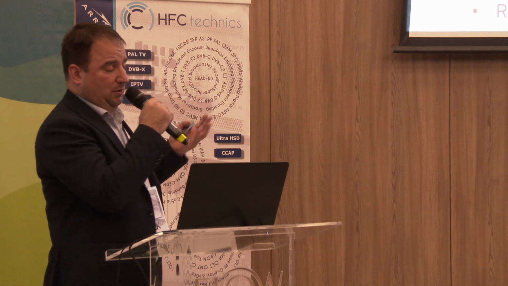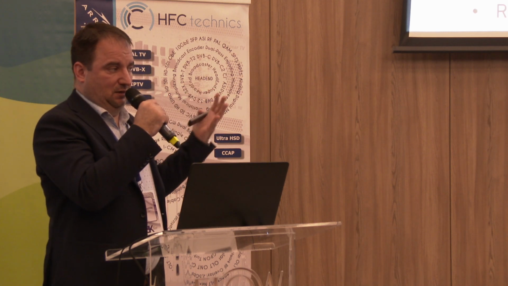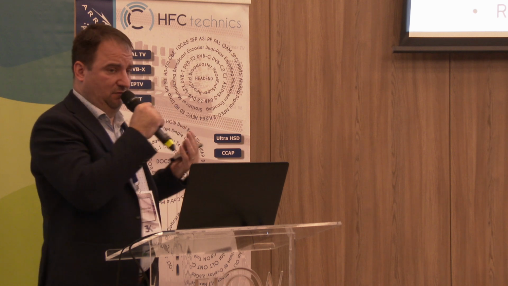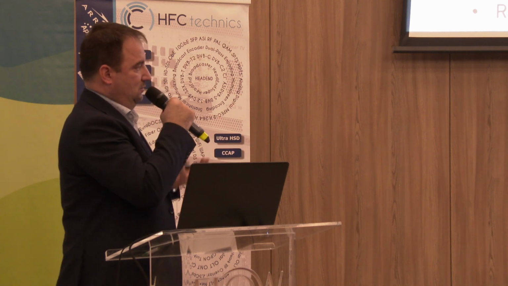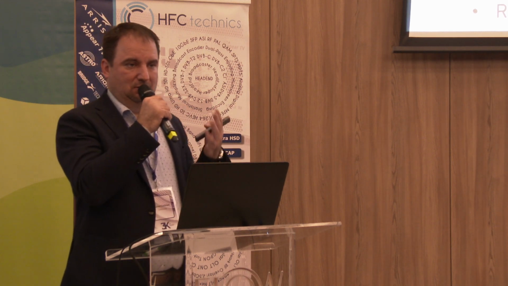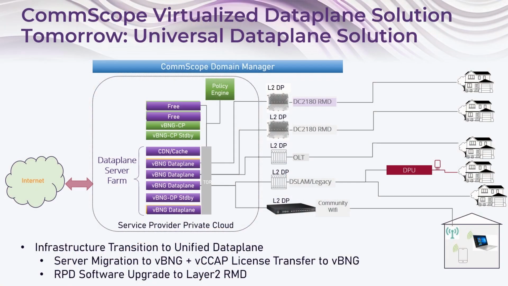We're even thinking about combining the functions into one single platform, a combined vBNG and vCCAP, that you can use however you want. That would be a software stack that can serve either architecture. We're not sure that it actually makes sense given how this looks potentially in the future, and at the moment that's under consideration.